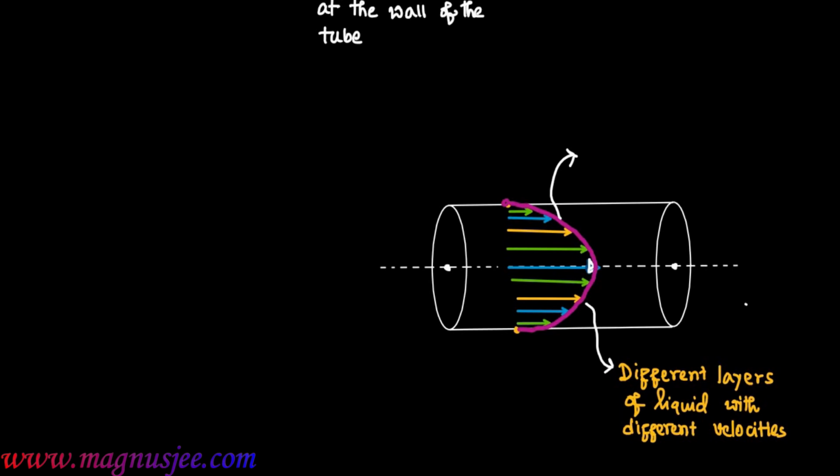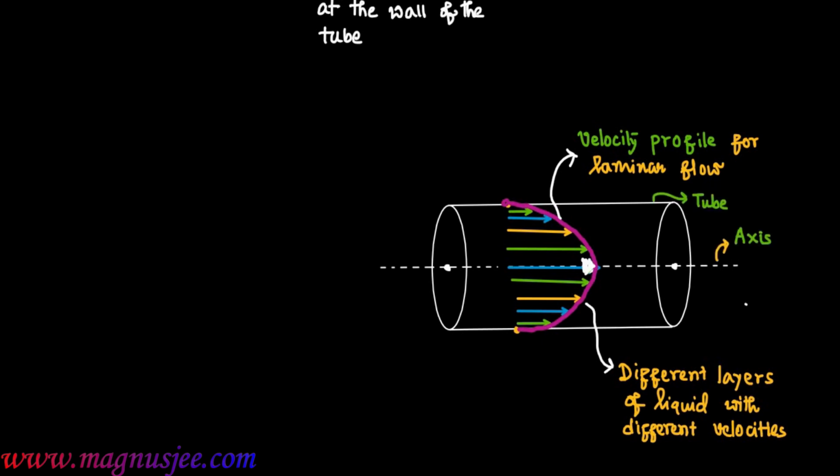And this curve is called the velocity profile. This curve or locus connecting the different velocities of different layers of liquid in steady flow is the velocity profile. This is the velocity profile for laminar flow of liquid or steady flow of liquid or streamline flow of liquid.